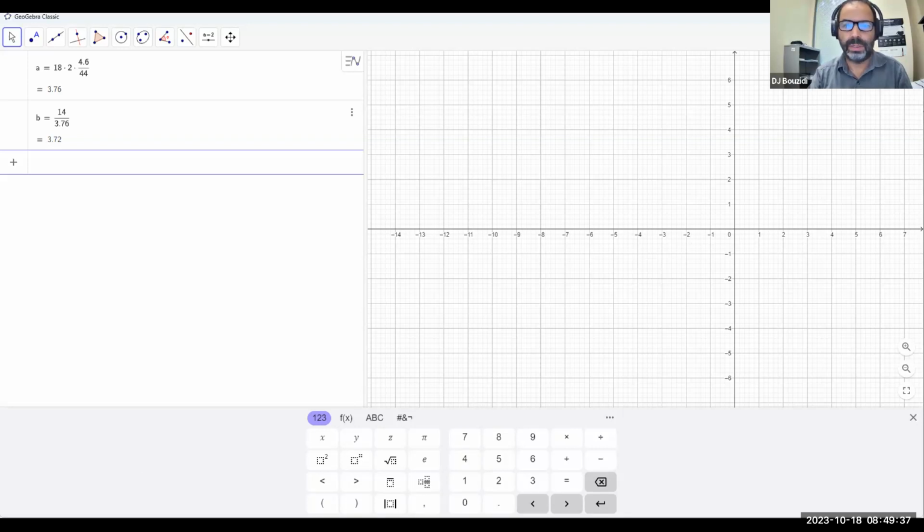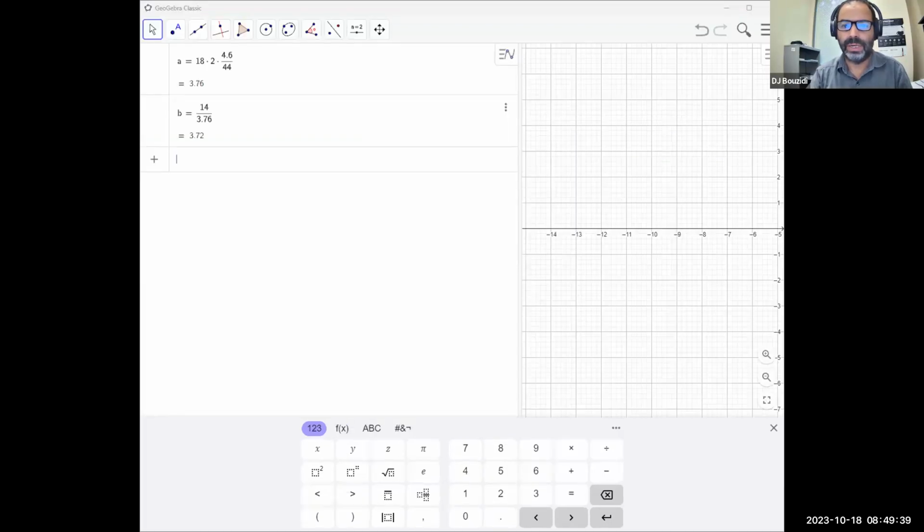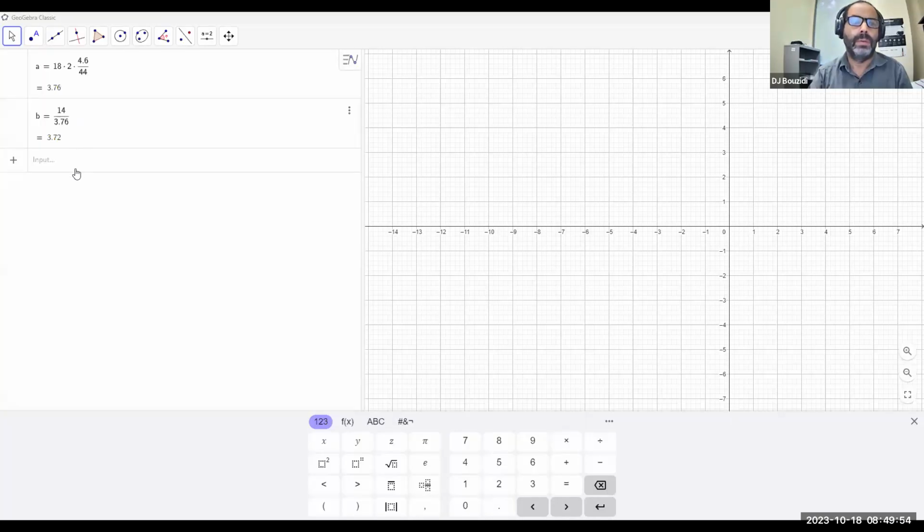I probably lost it in here, so I may have to stop sharing again and share it, because it's kind of hard when I'm doing it by myself. So let me go in here, share again, this calculator.